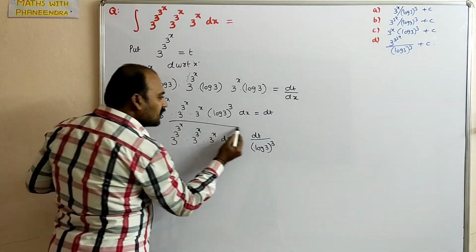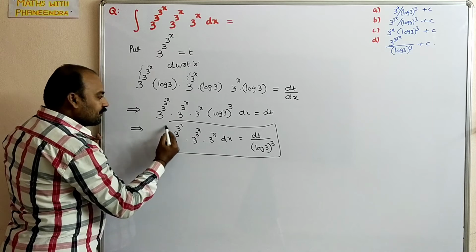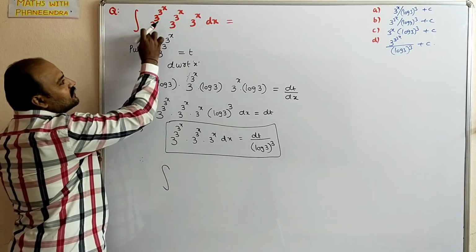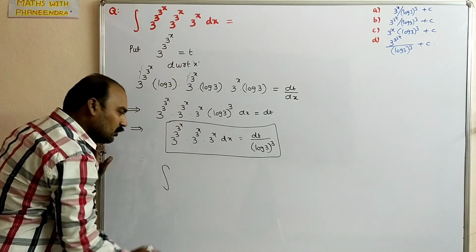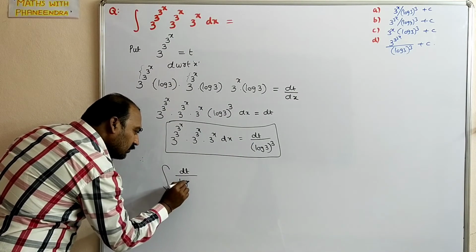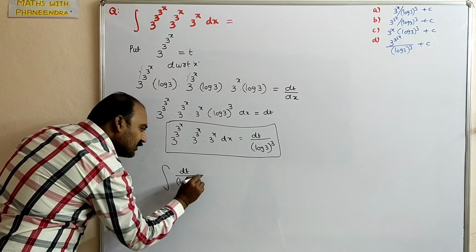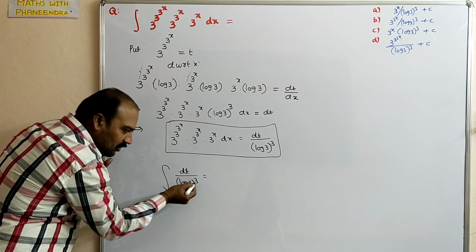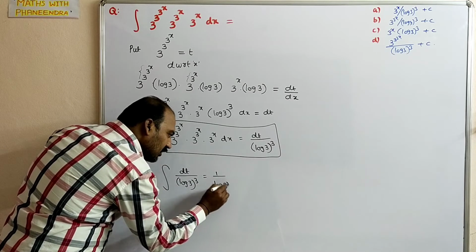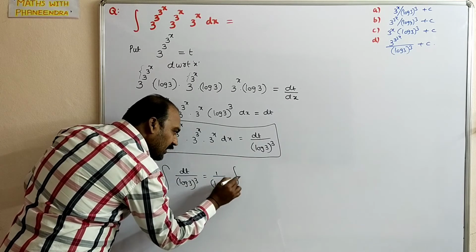Now the given integral becomes, therefore, integral, in place of this you have to replace with this value only. So dt by log 3 whole cube, which is equal to 1 by log 3 whole cube is a constant, you can take outside. 1 by log 3 whole cube into integral dt.